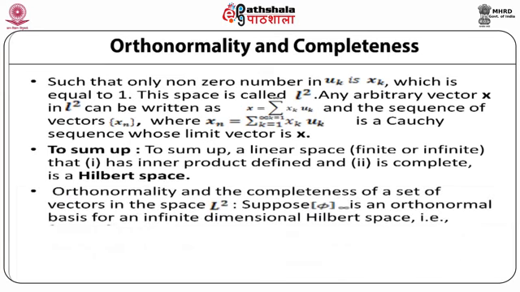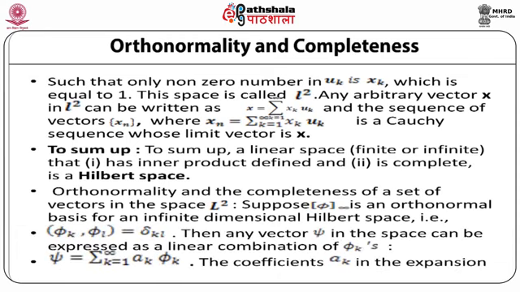Then we come on to orthonormality. So, orthonormality and the completeness of a set of vectors in the space L square. For defining this, let us suppose that phi k, k from 1 to infinity, is an orthonormal basis for an infinite dimensional Hilbert space.